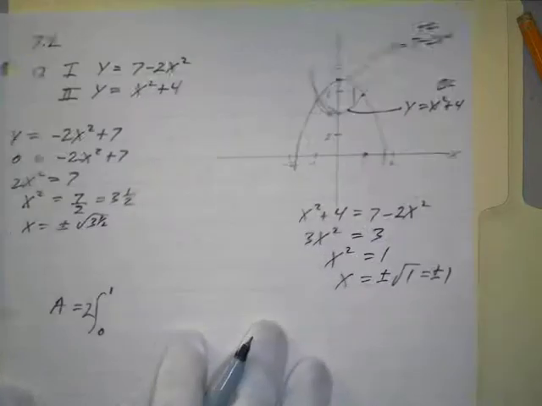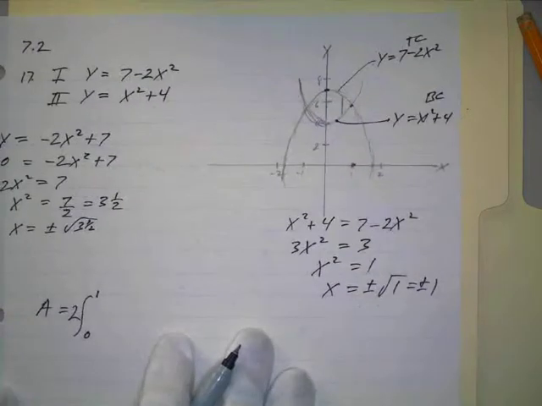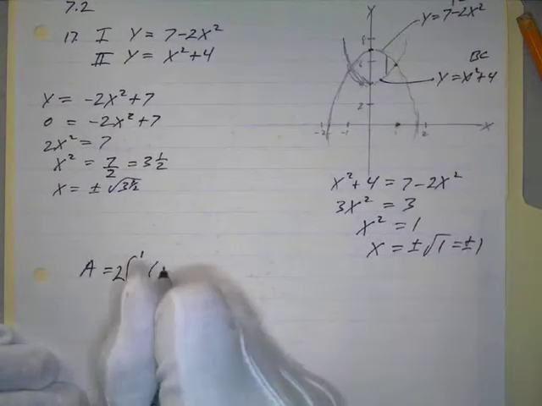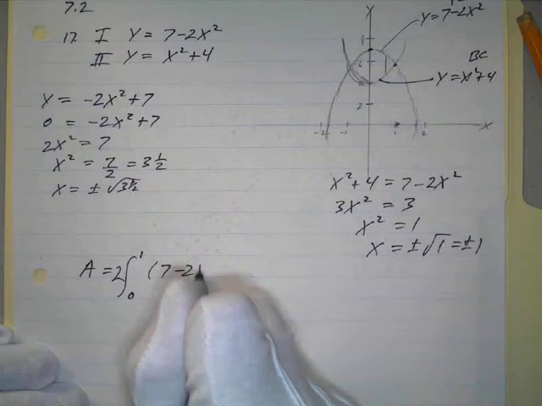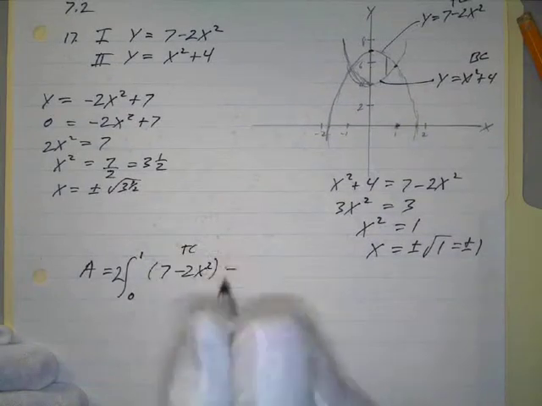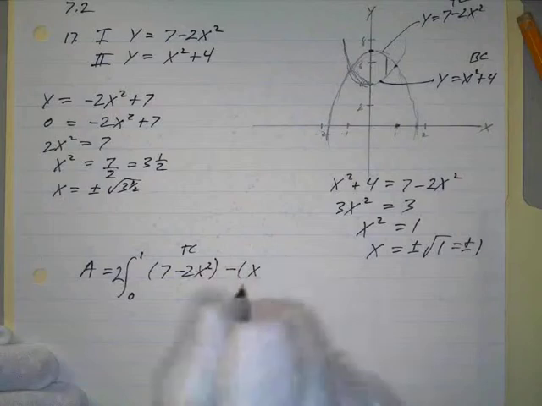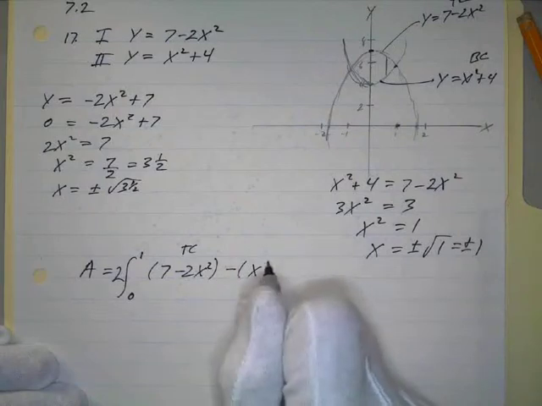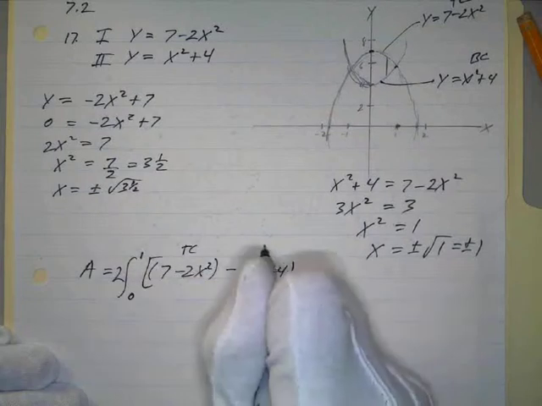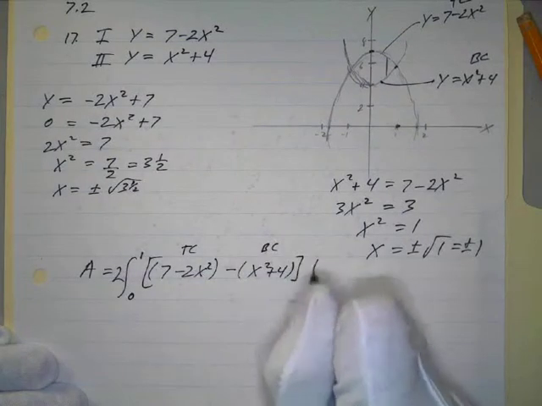So that's easy to see. I hope you can see that. All right? Top curve minus bottom curve. So that's going to be the integral of 7 minus 2x squared minus the bottom curve, which is x squared plus 4, dx.